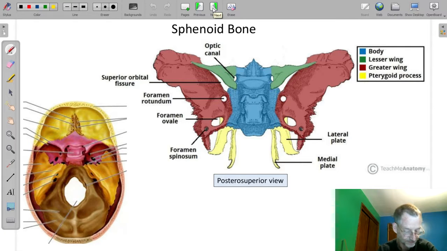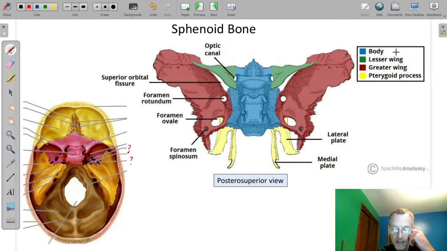Sphenoid again. The skull on the left shows what we were just looking at with the pink sphenoid. And here are those same two holes again, which we will be dealing with repeatedly. So at any rate, the main figure in this slide is the sphenoid, and there are different parts of it that are just colored differently.